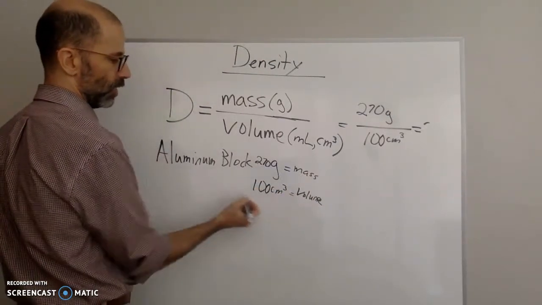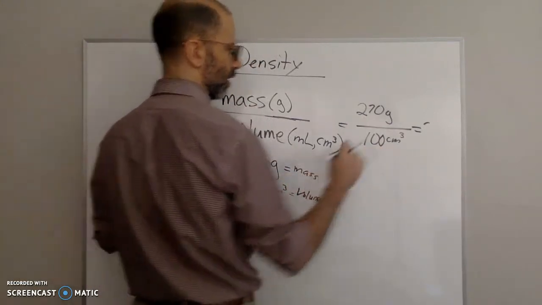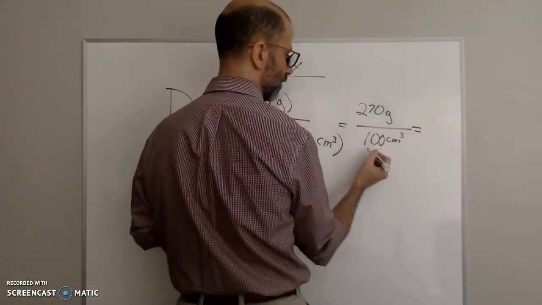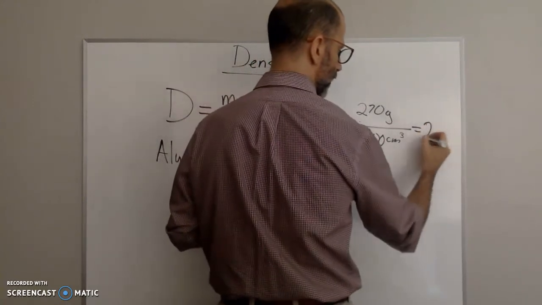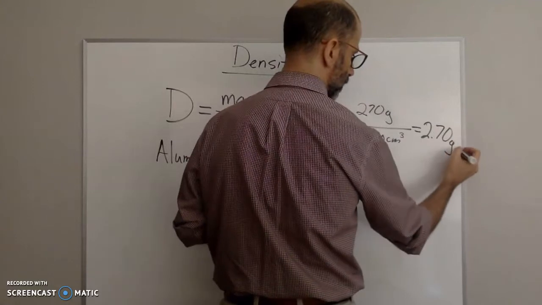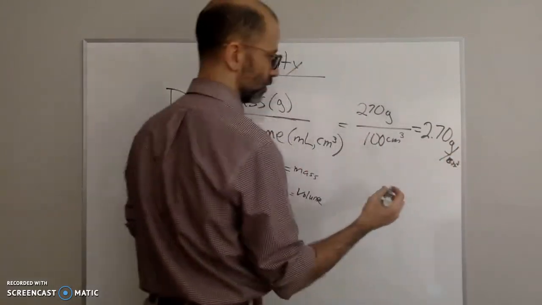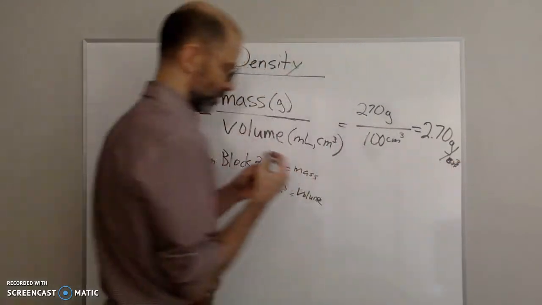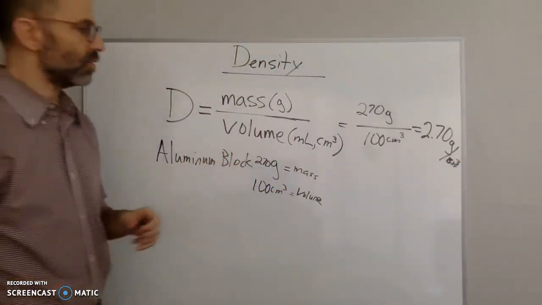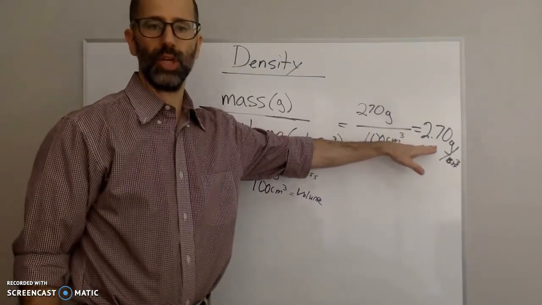So I have a 100 centimeter cubed block, and we're going to do 100. So if I divide this by 100, then I get 2.70 grams per centimeter cubed. So this would then be the density of the aluminum block.